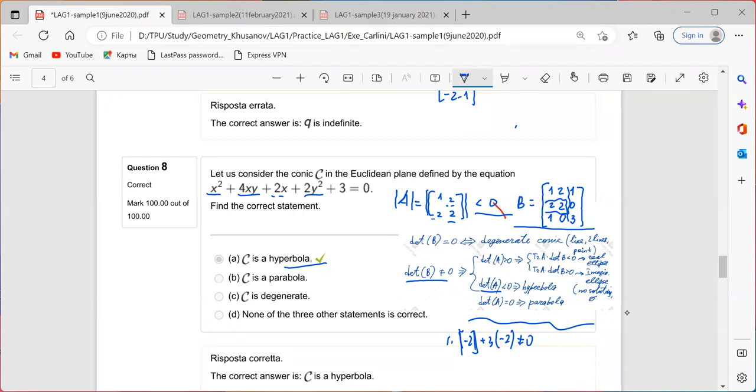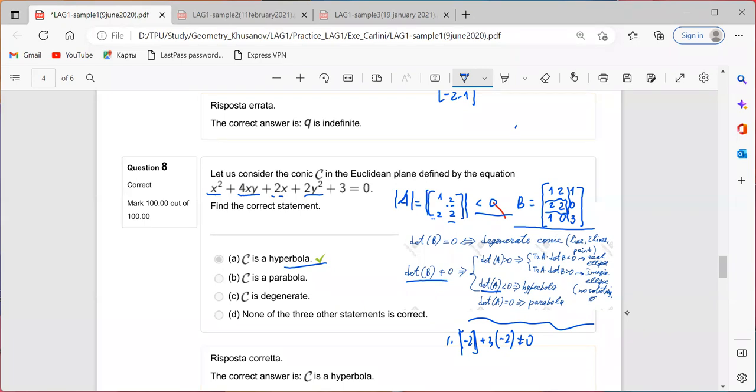Okay. Yes, Azbek. Is this situation only for conics in R2 or for any space? No, only in R2. Because we have just A and B in this situation, and B should be 3 by 3, so we have only x, y.